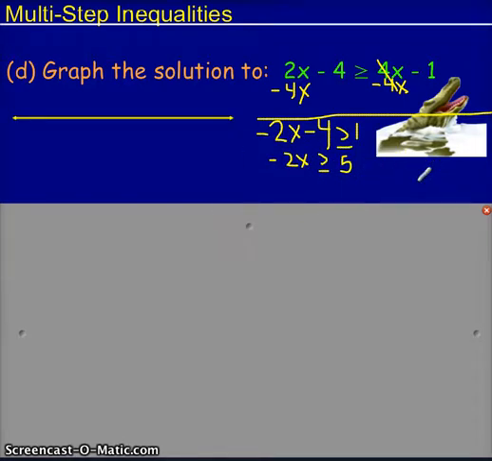So if you remember from the last video, when you divide by a negative to isolate the variable, the sign switches. So now I have x is less than or equal to, so I had to flip the direction of the sign, and 5 divided by negative 2 is negative 2.5.